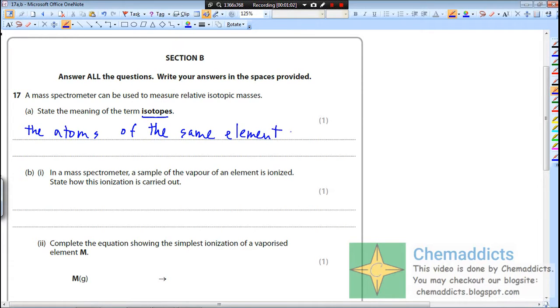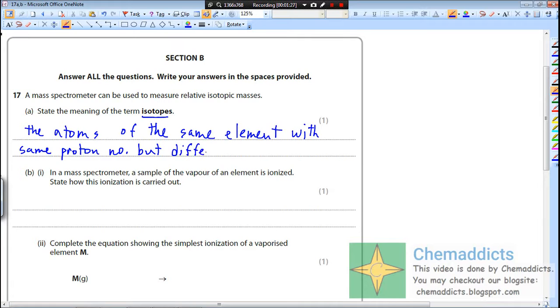Isotopes are the atoms of the same element with the same proton number, or atomic number as you can say, but different mass number.